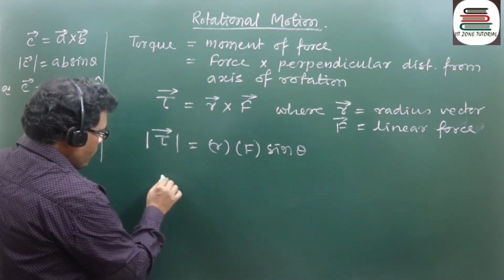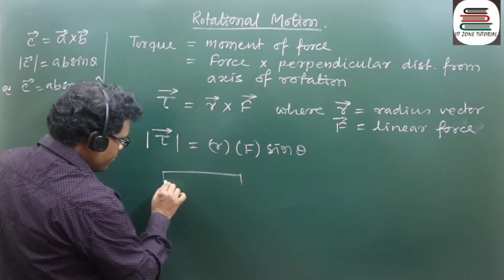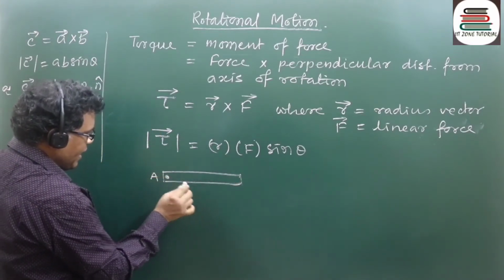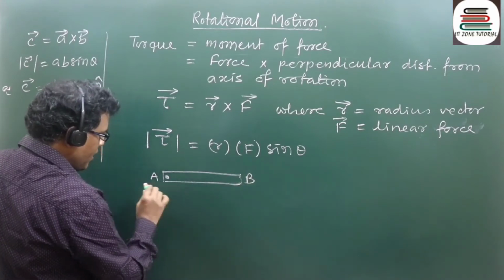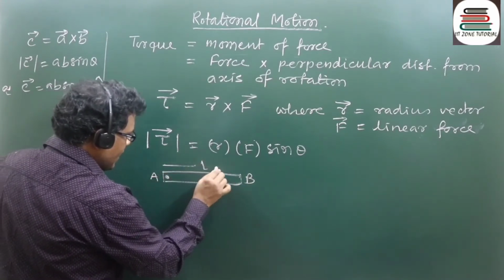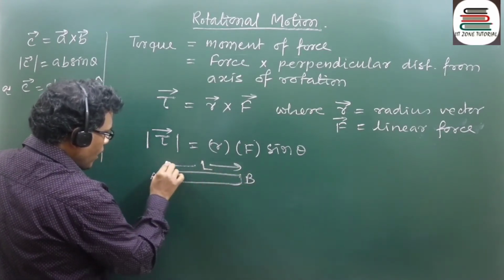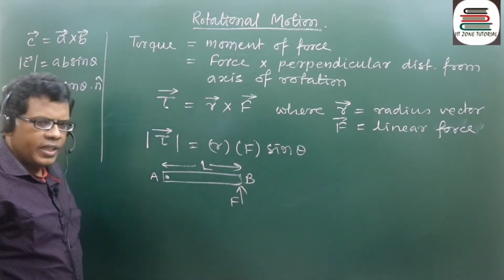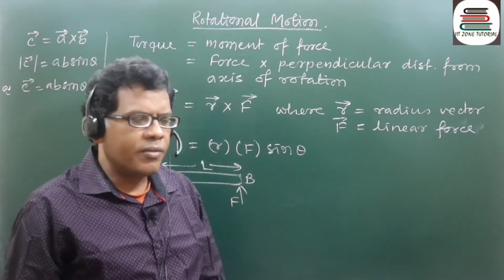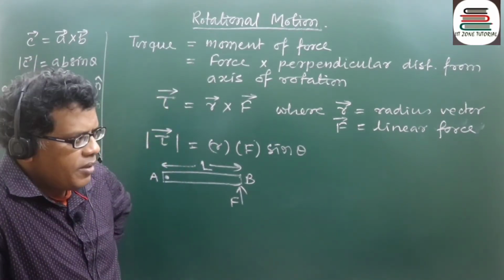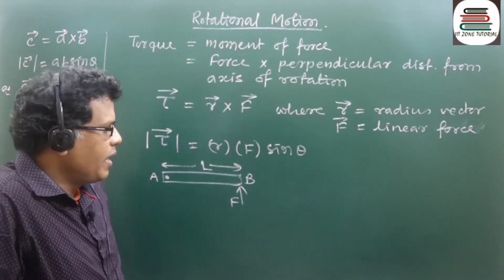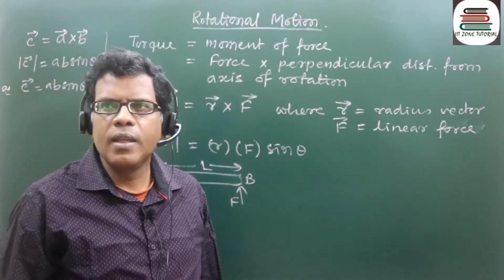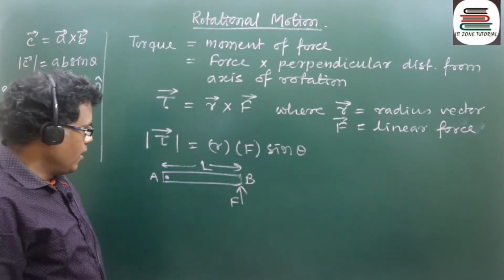For example, let this be a rod AB of length L, with one axis at its end A. One linear force is applied at the other end of the rod, and the direction of this applied force is geometrically perpendicular to the rod.